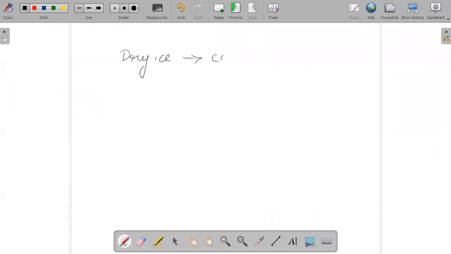When I say dry ice to carbon dioxide, this reaction is known as sublimation of dry ice. And delta H will be positive because when it is undergoing sublimation, heat is absorbed during the reaction.